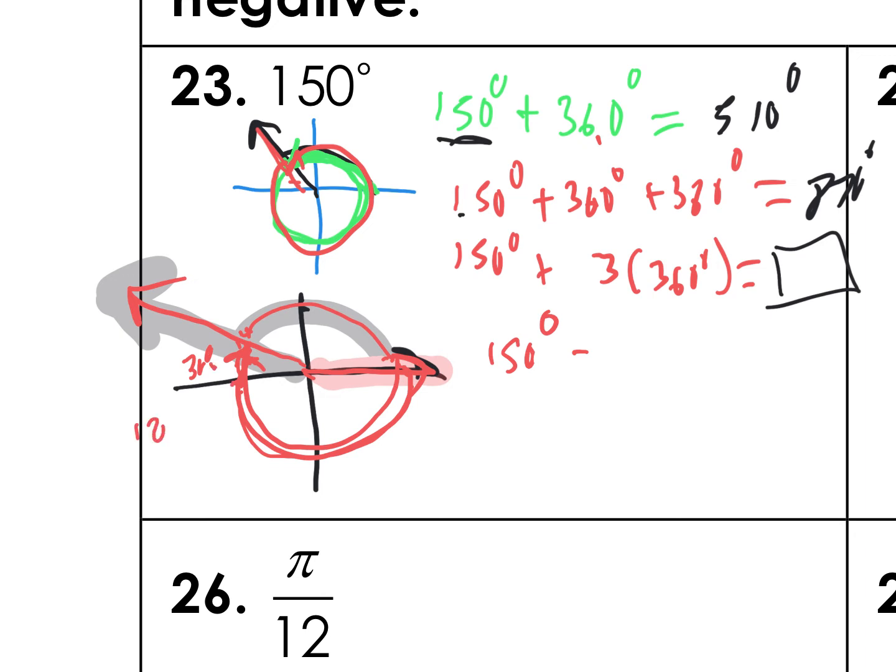I'm sorry, 180 plus 210. 150 is where I was. And so I need to go to the negative direction to get to the same place. It is just a negative 210 degree angle.